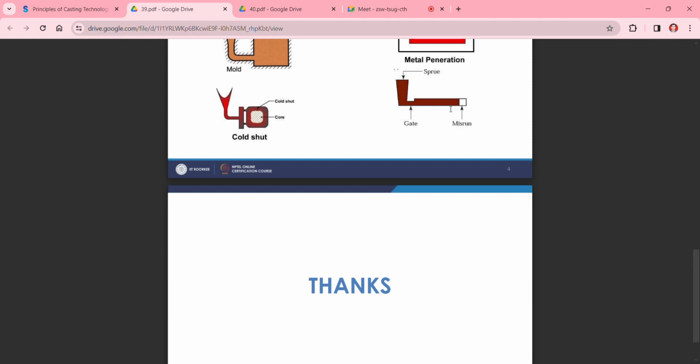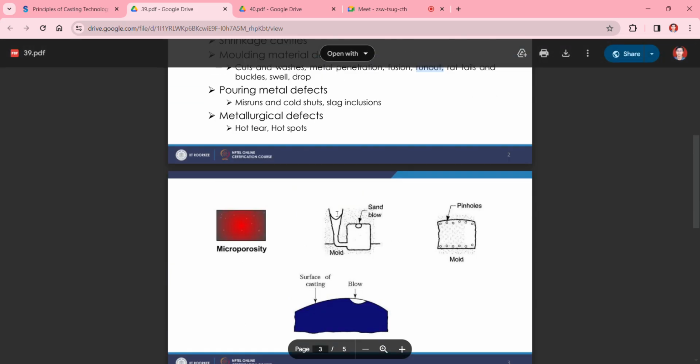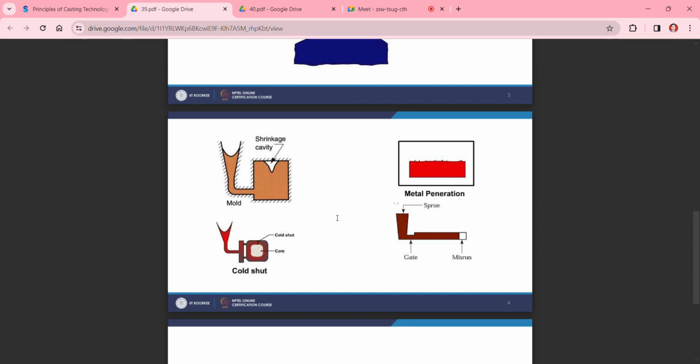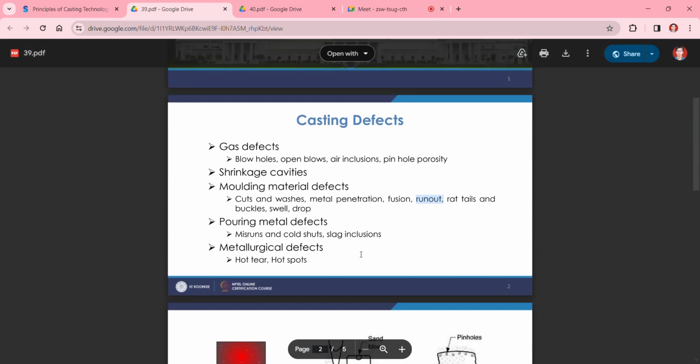In the middle of your casting, you are not going to get any metal, because that has gotten solidified before the fusion of those two streams. So that will create the cold shut effect. That can be avoided by providing more superheat to the system, so that it can provide more fluidity to the molten metal. Before the fusion is going to happen, it is not going to get solidified.